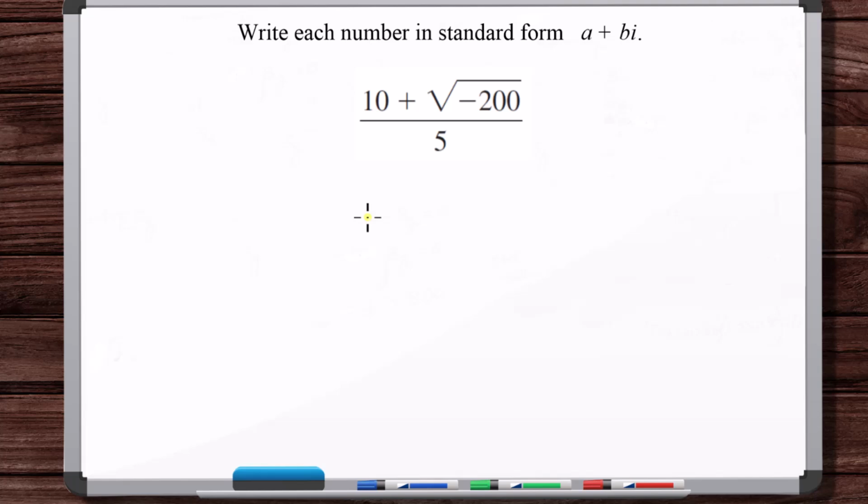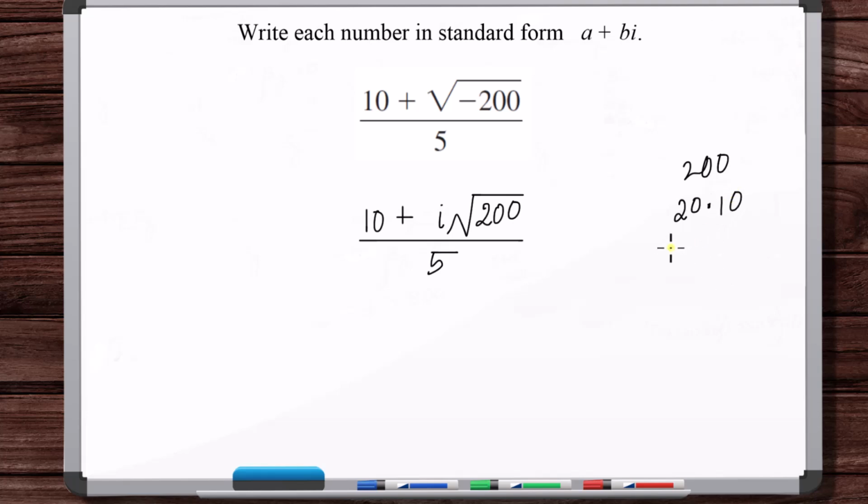Okay, so before we do anything, let's come to this radical here and take out all the i's associated with it. Okay, now root 200, we've got, let's see, 200 is 20 times 10, that's 2 times 10 times 10.